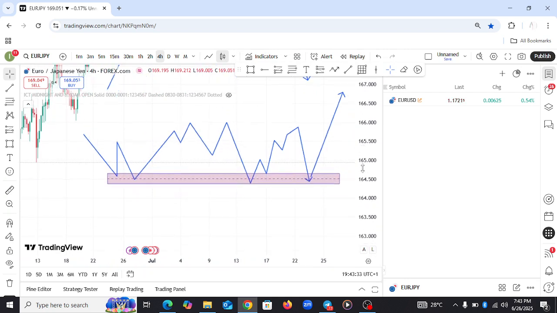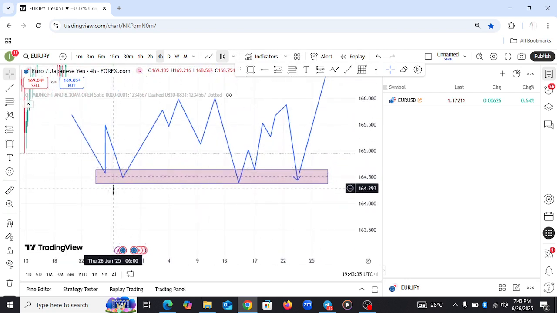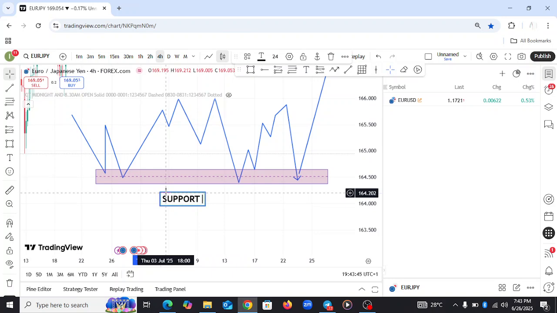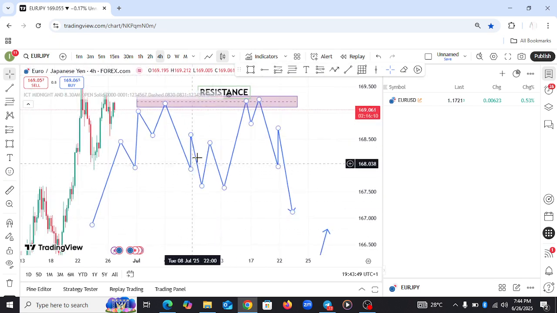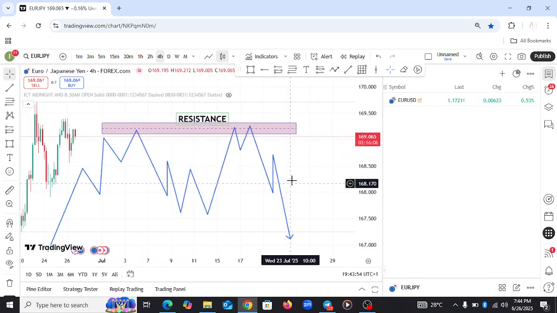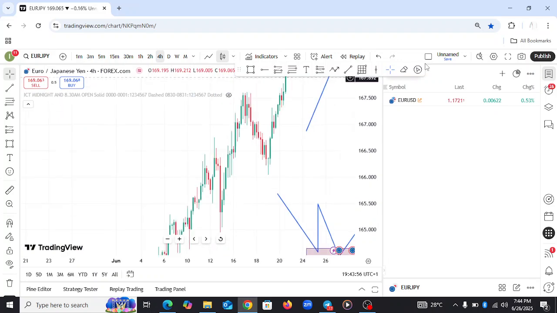So this will be four reactions, and that would serve as a key level, and that would also be called what? An area of support. So basically, support is a key level in price that allows price movement to go higher, while resistance is a key level in price that allows the market to go lower. That's basically the concept of support and resistance.